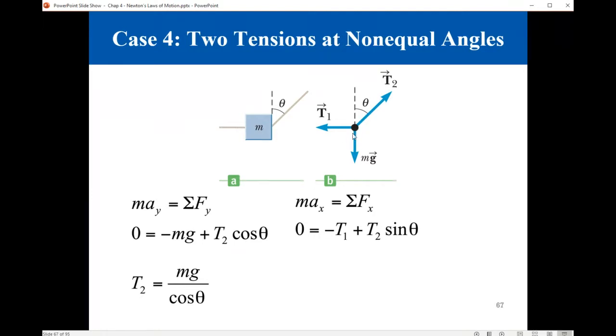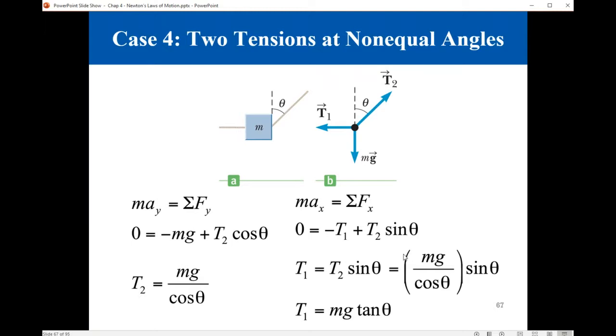This is static equilibrium. So 0 equals minus T1 plus T2 sine theta. So from here, we can solve T1 in terms of T2. It is mg over cosine theta multiplied by sine theta. Sine divided by cosine is tangent, so T1 equals mg tan theta.